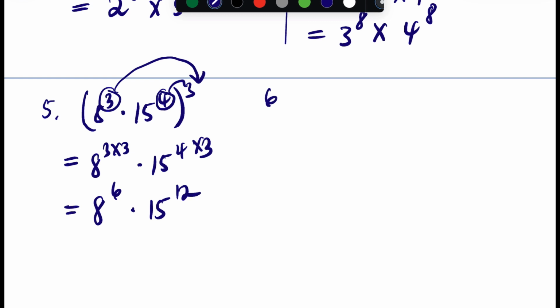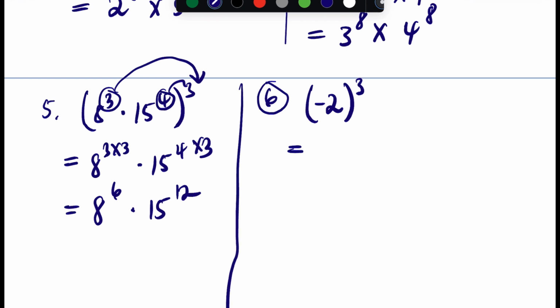And then let's look at number 6 now. Number 6 is quite different. It's going to be a bracket negative 2 to the power 3. So this one, folks, it's very important.